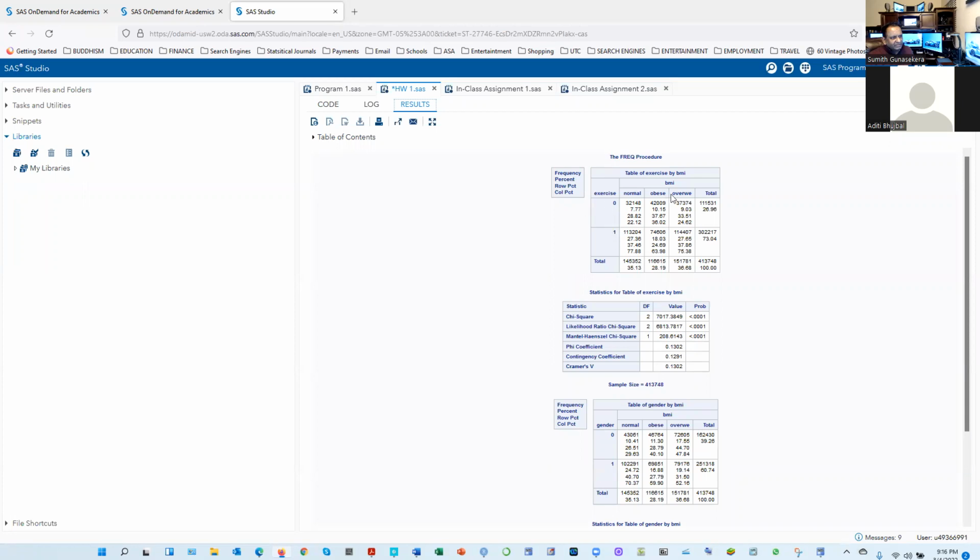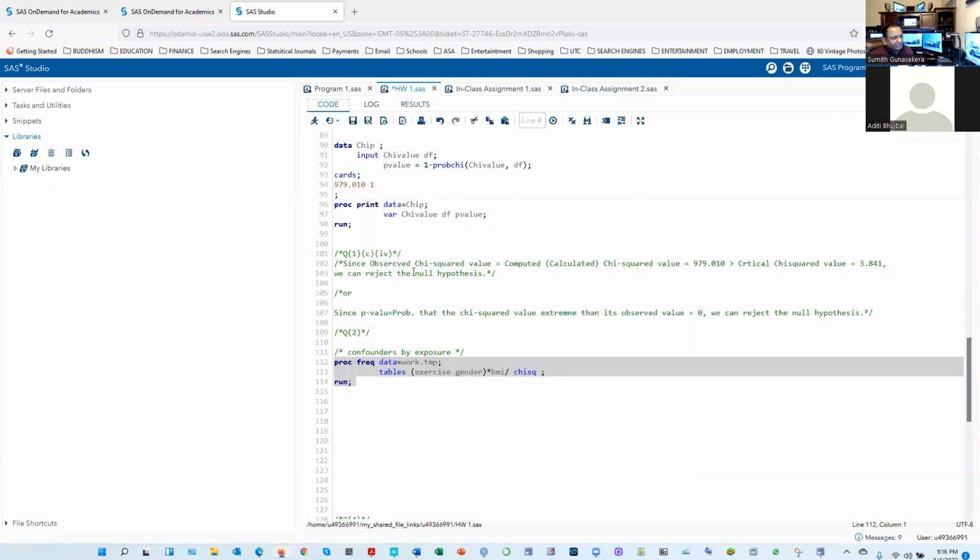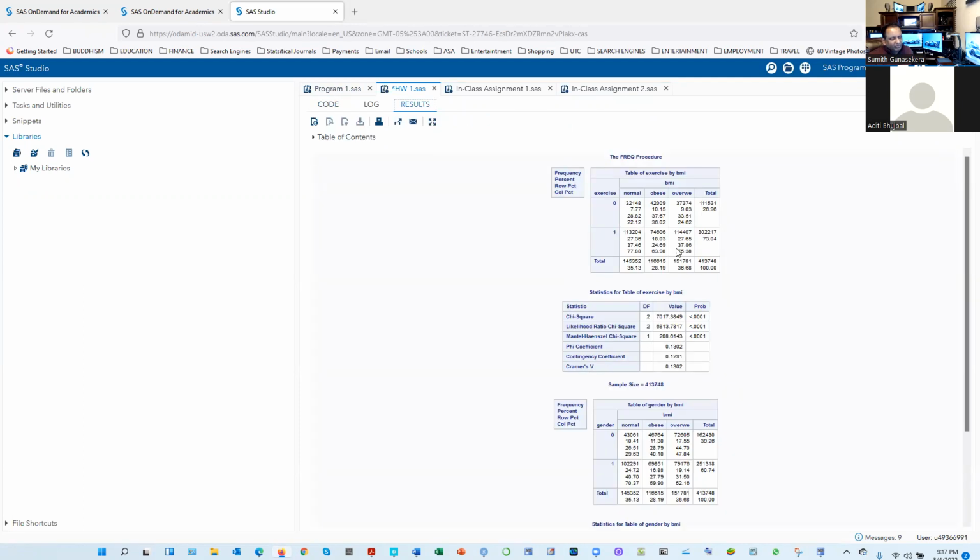So exercise and BMI. Exercise comes first, so x-axis and y-axis. The x variables go to the x-axis. We normally call those row variables and column variables. So you can easily see that. From this, by getting all the numbers, you can fill this out, the one that I showed you earlier.